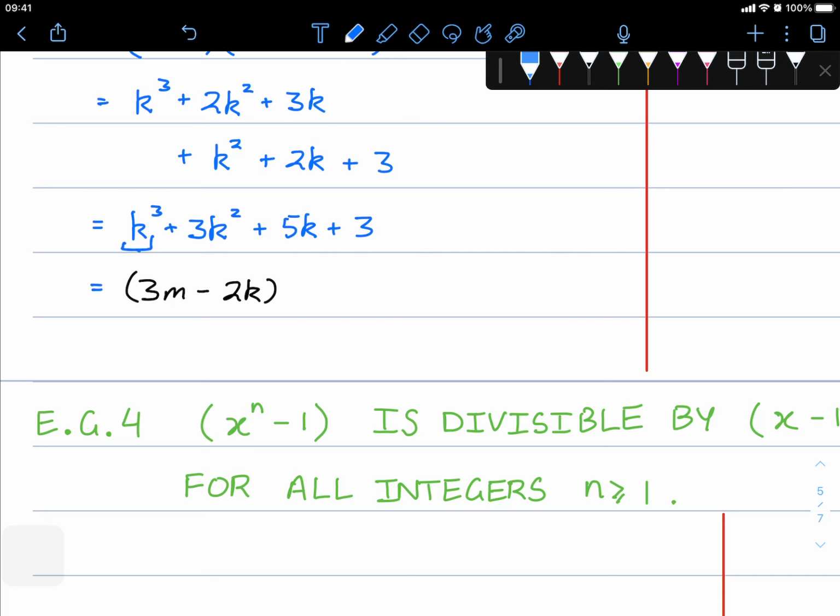So that is substituted plus 3k squared plus 5k plus 3. Collecting like terms, this is going to be 3m. These two are like terms, so those will add later, but this is going to be plus 3k squared.